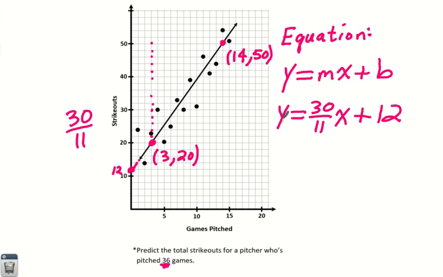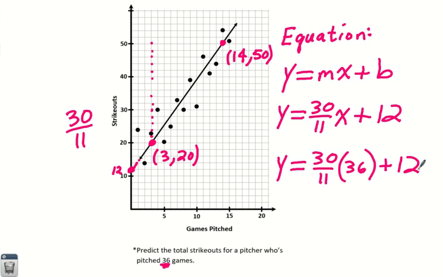Y is the number of strikeouts. X is the number of games pitched. So 36 games, I can go ahead and just plug that in for X. So to answer those prediction questions, if you have the equation, just plug it in, okay?